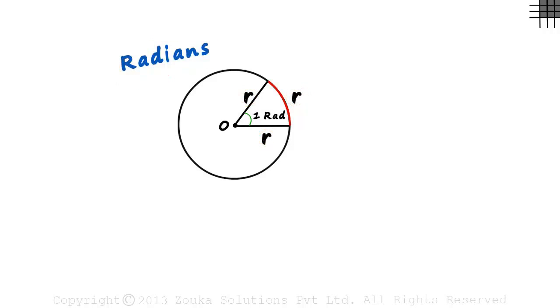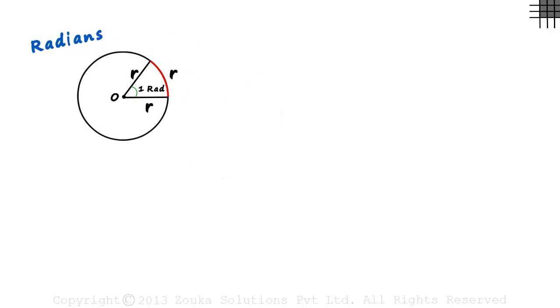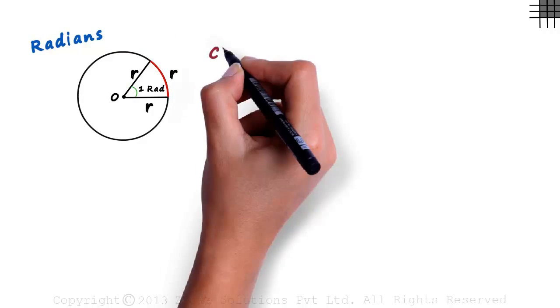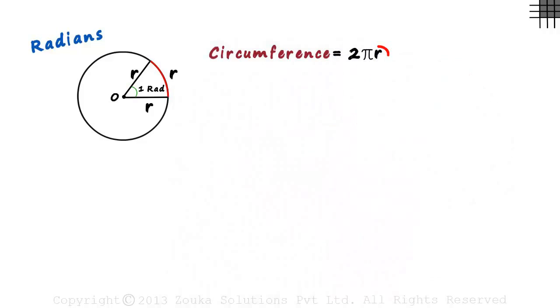If you understood this concept well, then understanding the conversion between degrees and radians would be a cakewalk. Now let's try and see how one can be written in terms of another. We know the formula for the circumference of a circle. It equals 2 pi r, where r is the radius. Now observe the figure really well. The length of this red arc is r, which is the length of the radius.